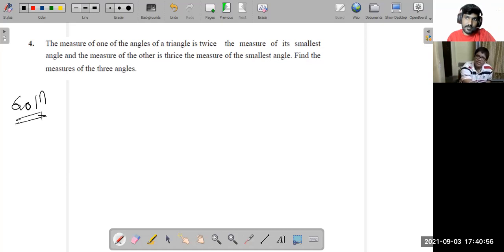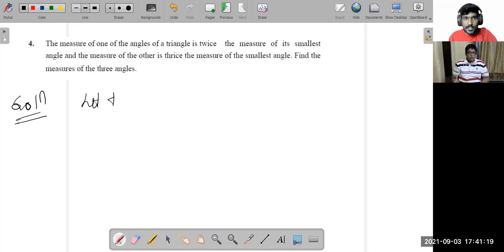We name the angle. One of the angles which is twice the measure of the smallest angle, x. And, see, there are three angles. Let's name it first.